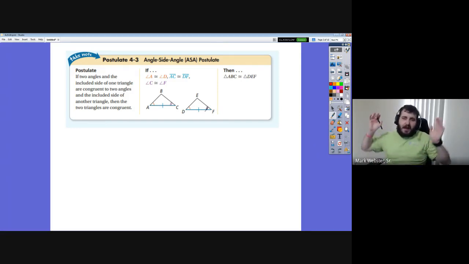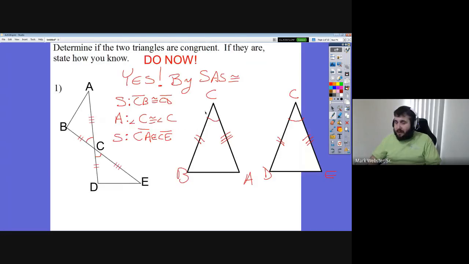And I honestly believe, in my heart of hearts, if you take the time to draw out the triangles this way so you can see it configured correctly, just like with side angle side. Remember how I told you, if I'm thinking side angle side, I'm going to put the triangle so that the angle they give us is up top, so I can see the pair of sides along the way are the same as well.